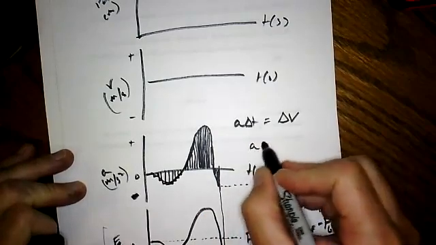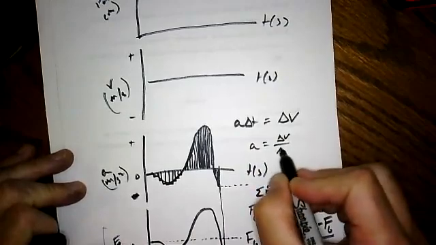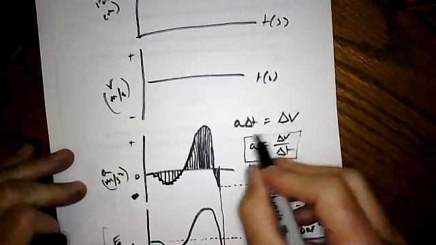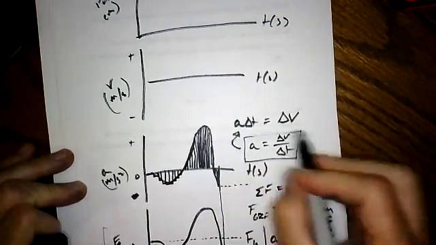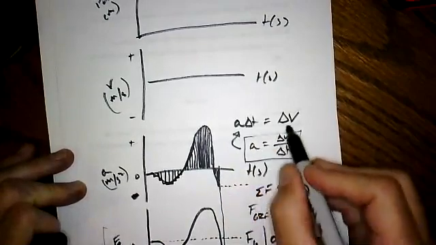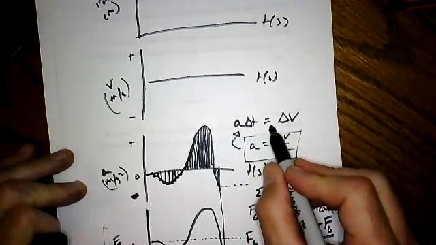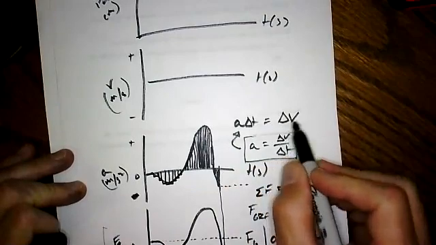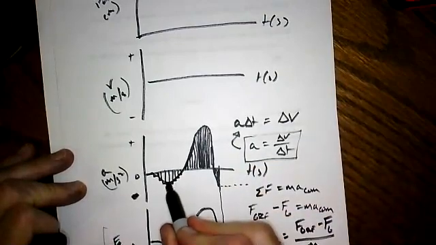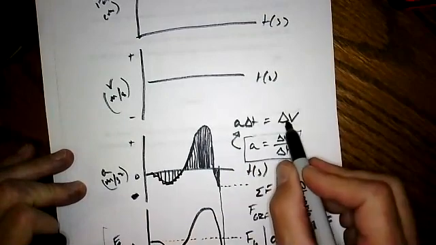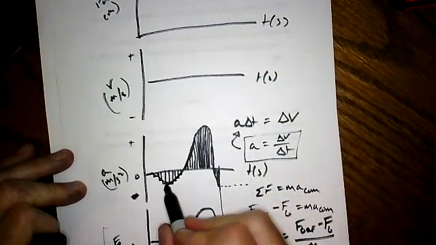Because I know A is equal to delta V over delta T. That's my base equation here. I'm rearranging, moving delta T over here, and now A delta T equals delta V. That area in that rectangle right here is going to represent the change in velocity for that time period.